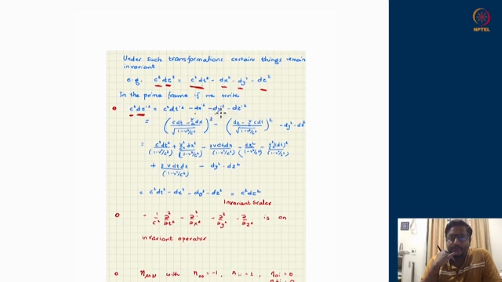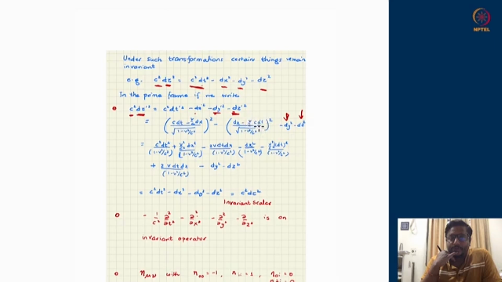And I know under Lorentz transformation how these quantities transform. First of all, dy and dz primes do not transform at all, so they will just become plain and simple dy square and dz square. Dx primed is equal to 1 over square root of 1 minus v square by c square times dx minus v by c and c dt.